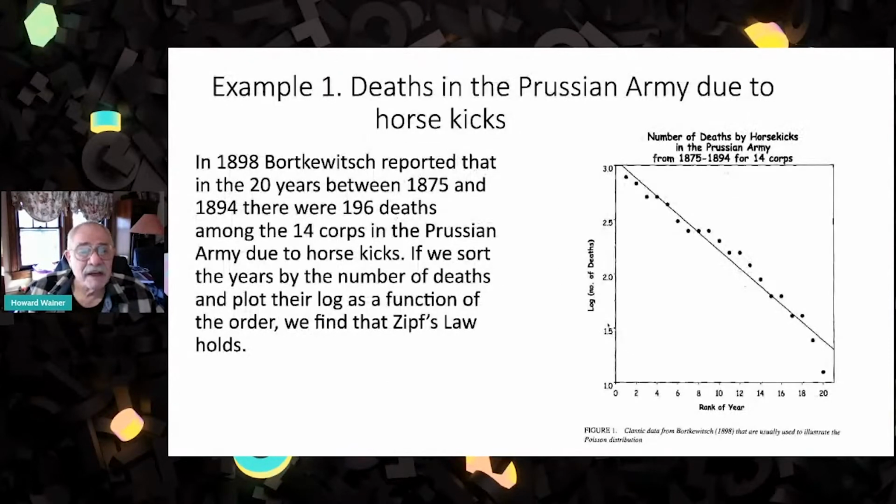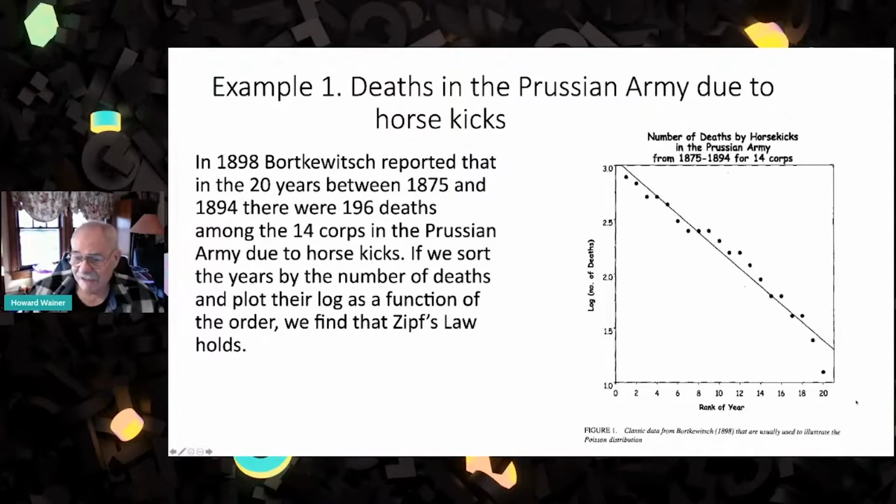So, for example, in the Prussian army, they kept track of how many people in the Prussian army were killed due to horse kicks. That's not very similar to the word usage. And so you can see that the year with the most deaths due to horse kicks is here, and the least is there. And this is the log of the number of deaths.